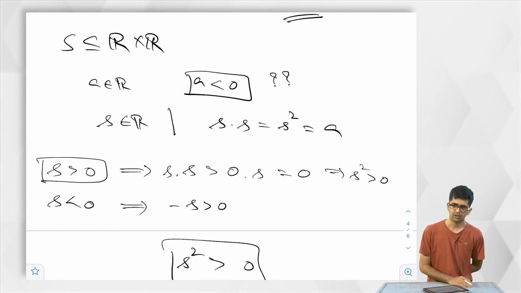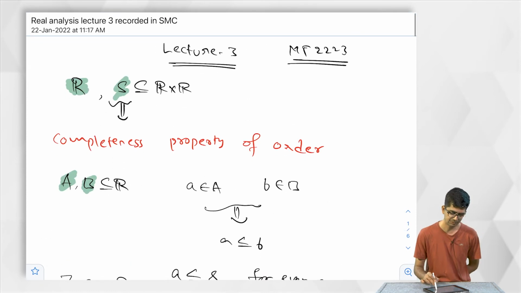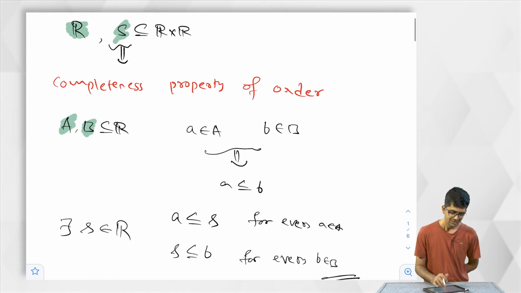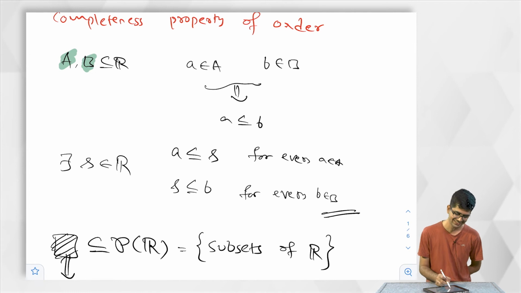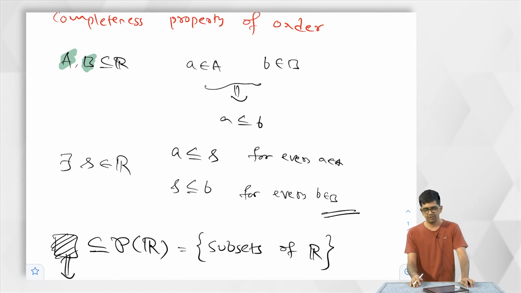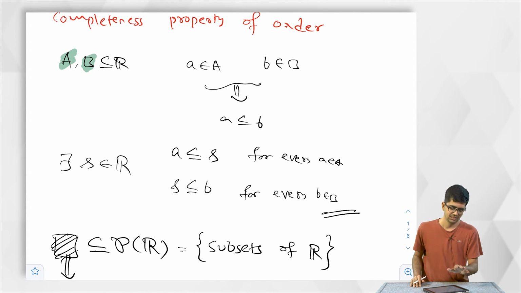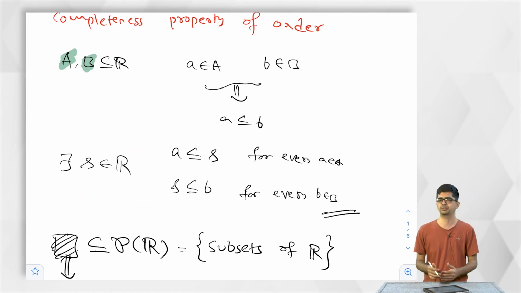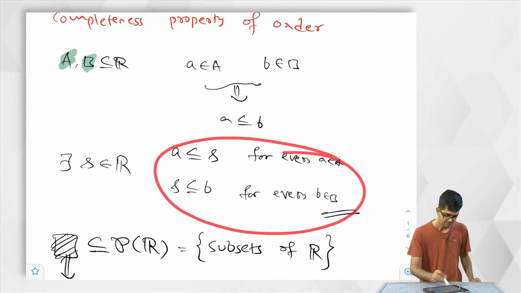Now the question is the following: what is the completeness property of the order? What is it useful for? One thing to observe is, this is the first time we said there is some element in R. In the description of real numbers, we only said there exist two elements, 0 and 1, right. Then in order we did not say anything about existence. Then again here we are saying there is some element S belongs to R with certain property.